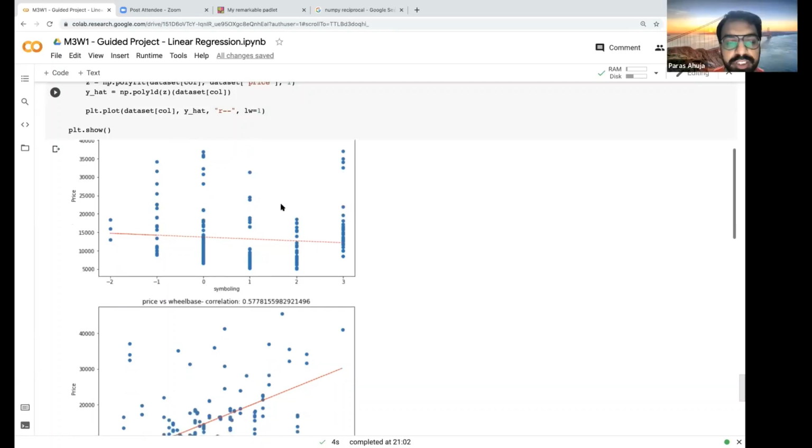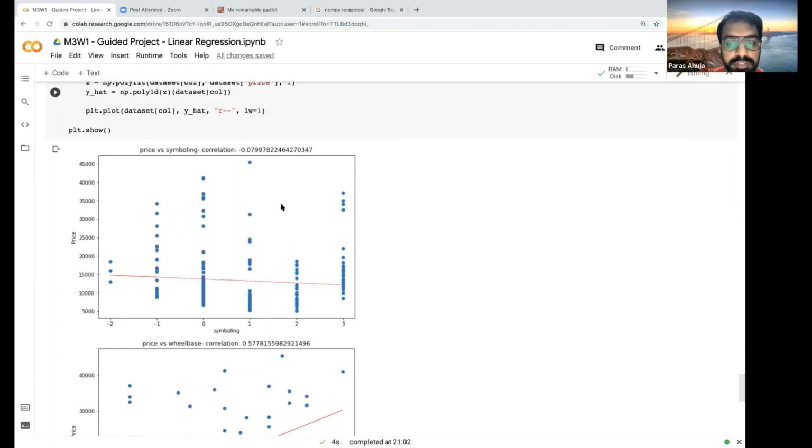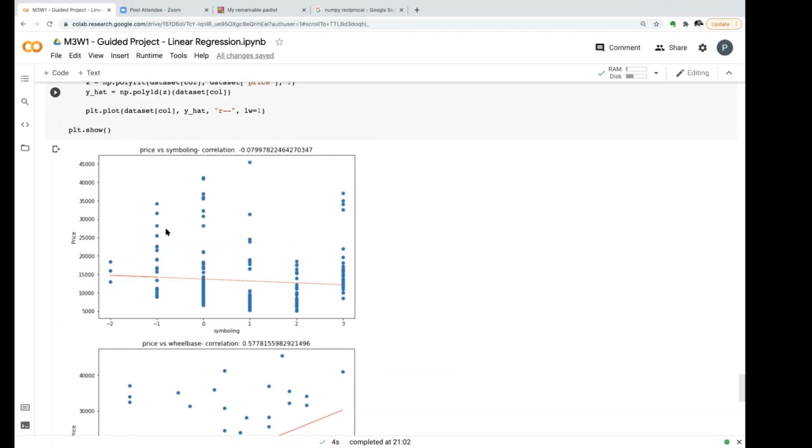Right. And why do you say so? Since it's categorical and there is no clear pattern here, there's no clear slope. If you see here, as my symbolic value changes from -2 to 3, even 3 has all the values from low to high. Similarly, 1 has all the values from low to high, and -2 and -1 as well.